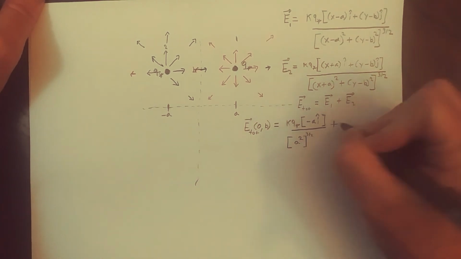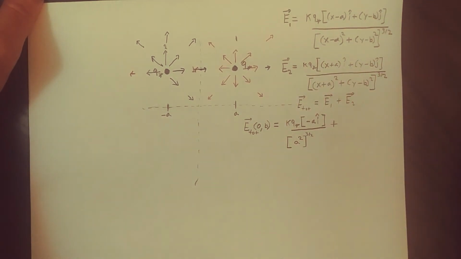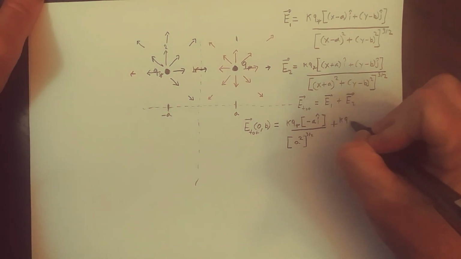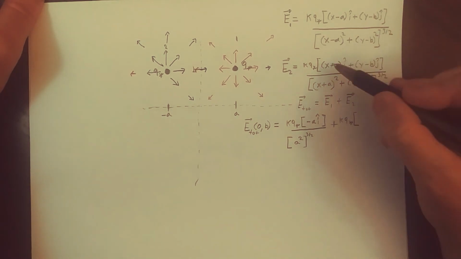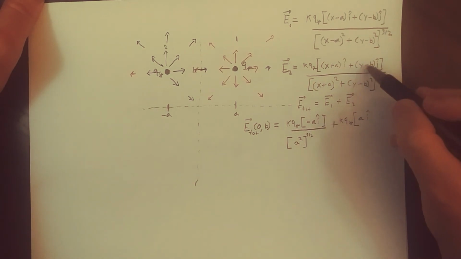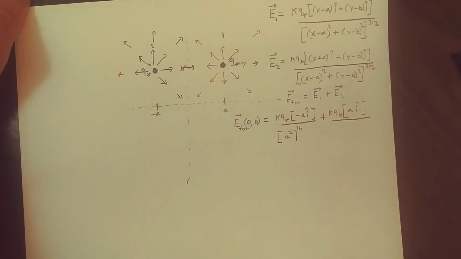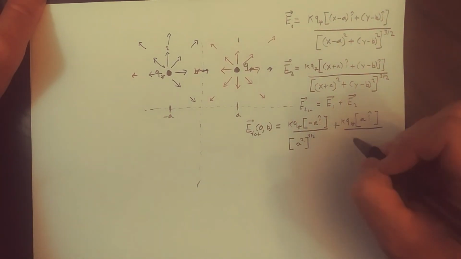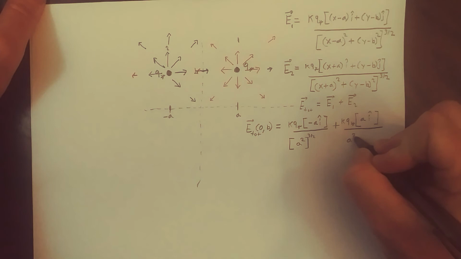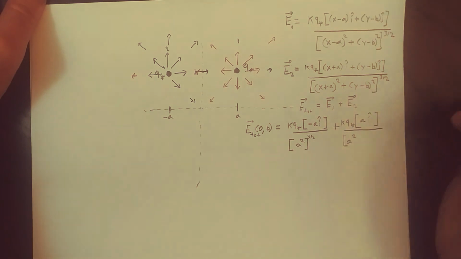And now we're going to add to that electric field 2 evaluated at x equals 0, y equals b. So what does that look like? Well, we have k q star times x is equal to 0, so we have a i hat, and y is equal to b, so this term again disappears, and we divide that by 0 plus a squared, but that's the same thing as a squared, just as we have over here in the denominator, plus b minus b is 0, so that term goes away.